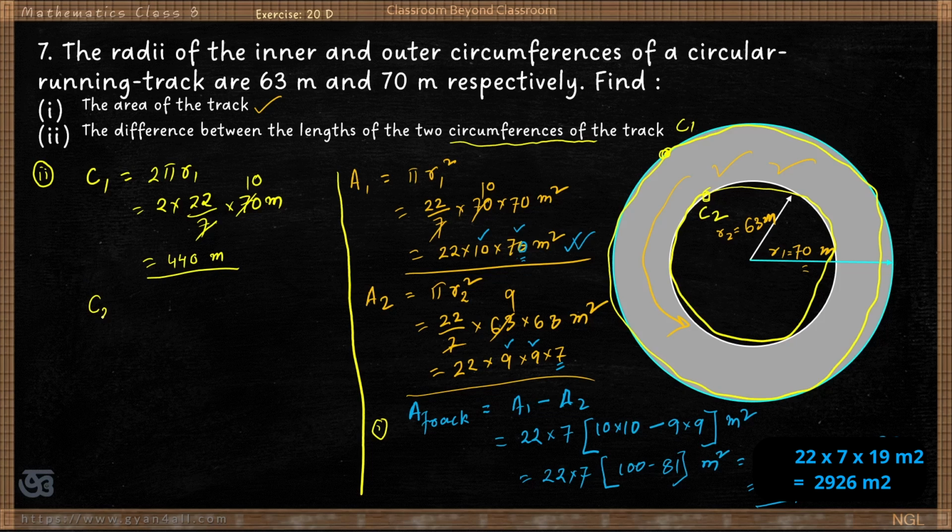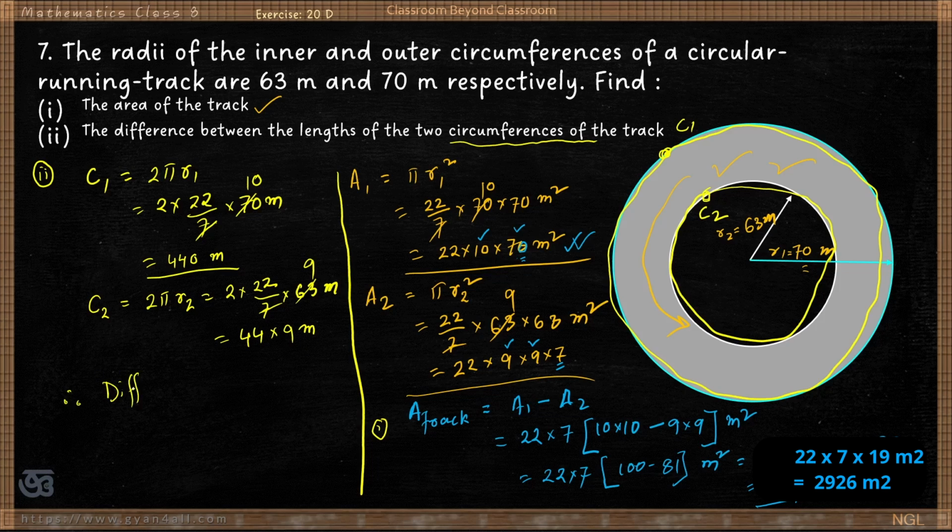Then circumference of the smaller circle is equal to twice pi R2. This is equal to 2 multiplied by 22 divided by 7 into 63 meter. 7 nines are 63. So this is equal to 44 multiplied by 9 meter.